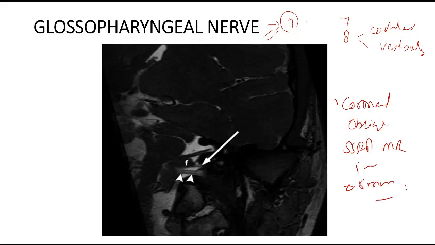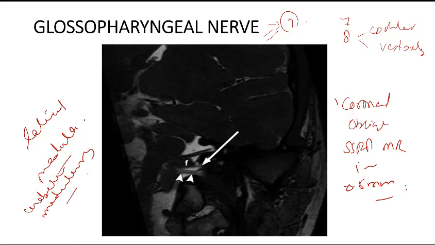The glossopharyngeal nerve arises from the lateral part of the medulla and goes into the cerebellomedullary cistern. As we are seeing in this picture, this F is the flocculus, a cerebellar lobe, which is above this glossopharyngeal nerve.